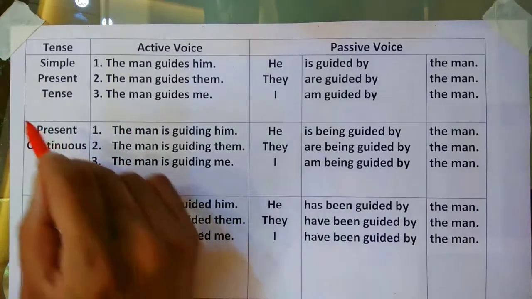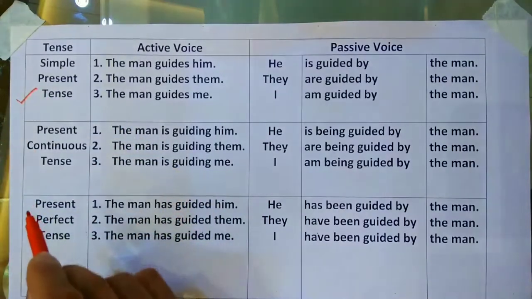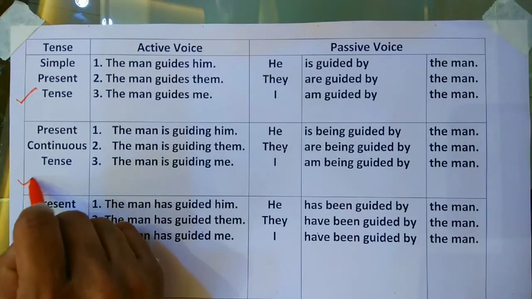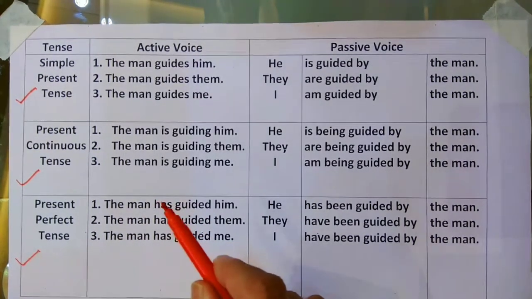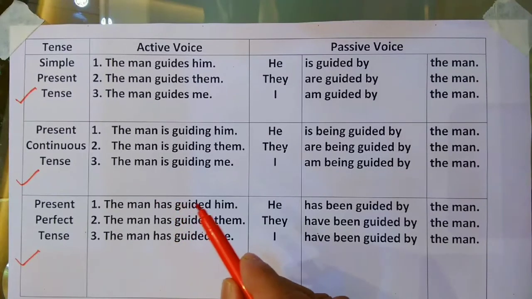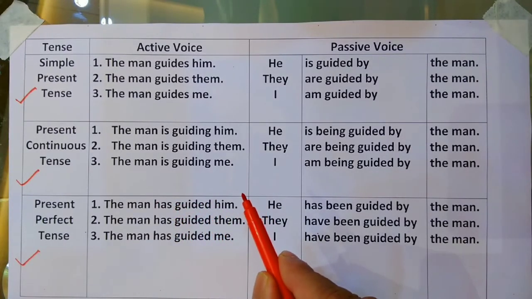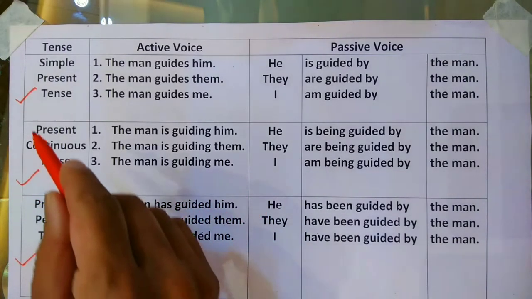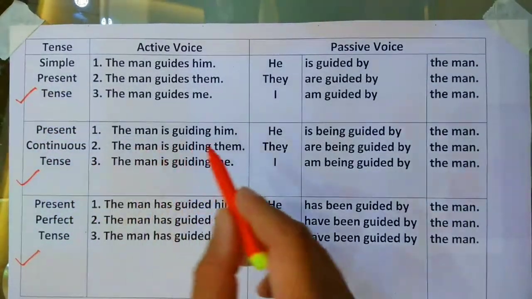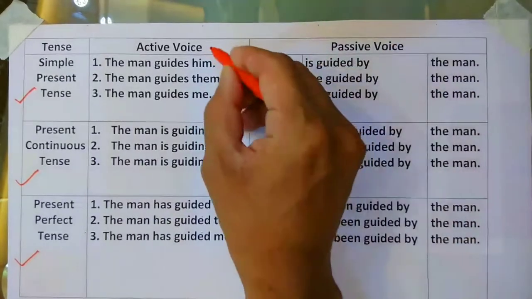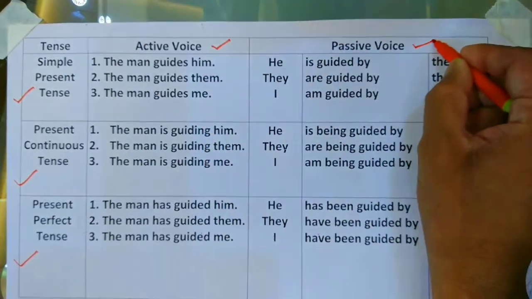These 3 subtypes are simple present tense, present continuous tense, and present perfect tense. We are going to discuss how sentences from these 3 subtypes are converted from active voice to passive voice.